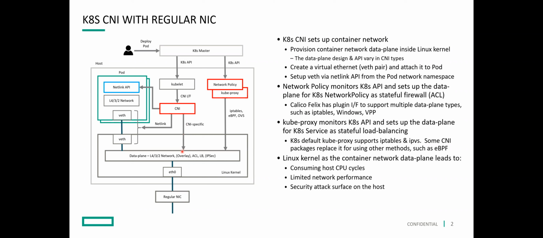Once the data plane is set up, the CNI creates a virtual network interface for the pod using a veth pair connected to the data plane inside the kernel. And then the CNI uses the Netlink API to set up this virtual network interface from the pod network namespace, to basically bring it up.